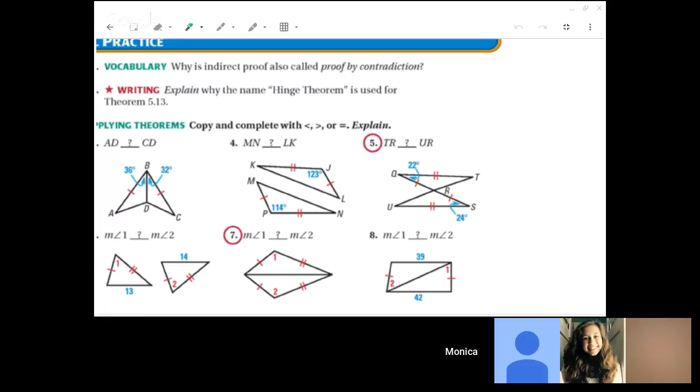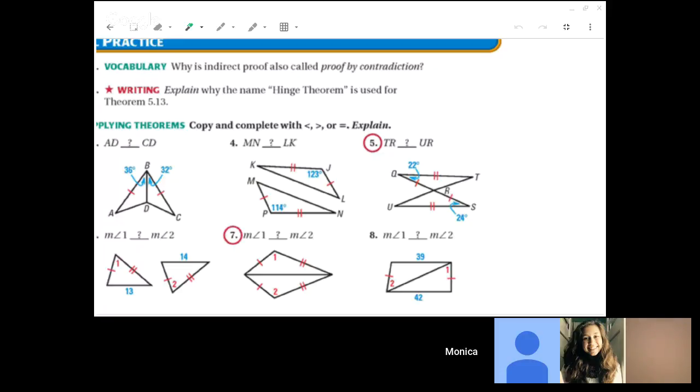Okay, Charlotte Ann, so if we look at number 5, we need to say if TR is less than, greater than, or equal to UR. Sorry. So if we look here, we have to look at the two triangles we have.